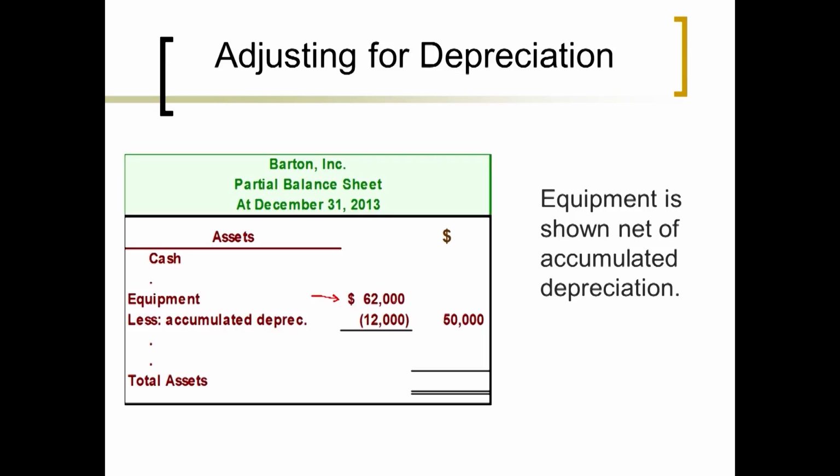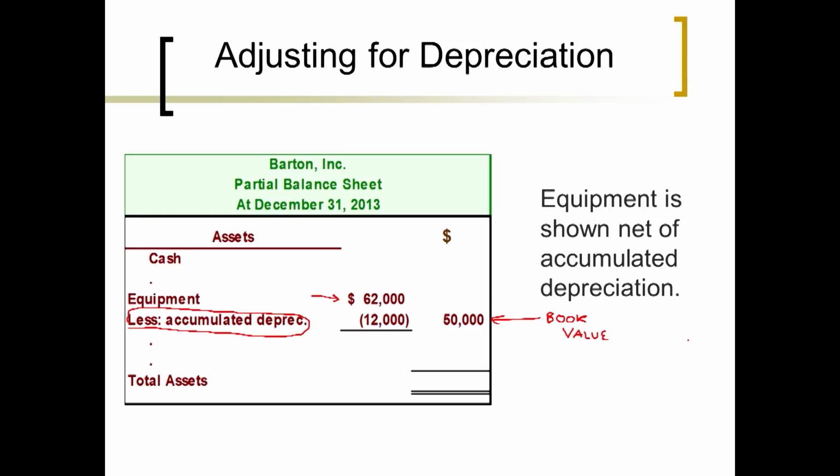So equipment is still $62,000. But then we subtract this contra asset, accumulated depreciation. We subtract $12,000, and this is what we call the book value of the asset. The book value of an asset is the cost minus the accumulated depreciation.